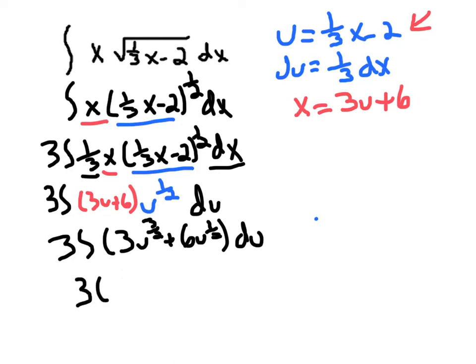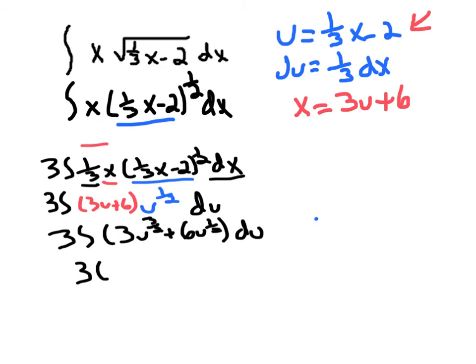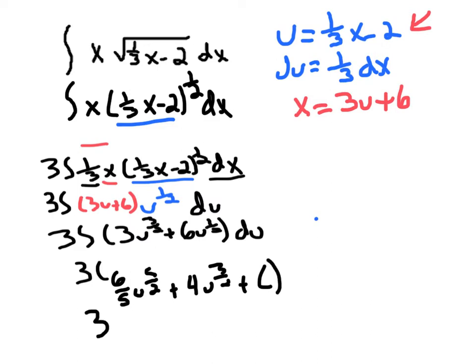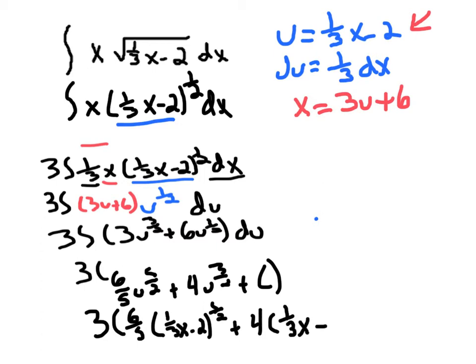This is 3 times 6/5 u to the 5/2 plus 4u to the 3/2 plus c, or 3 times 6/5 times (1/3 x minus 2) to the 5/2 plus 4 times (1/3 x minus 2) to the 3/2 plus c.